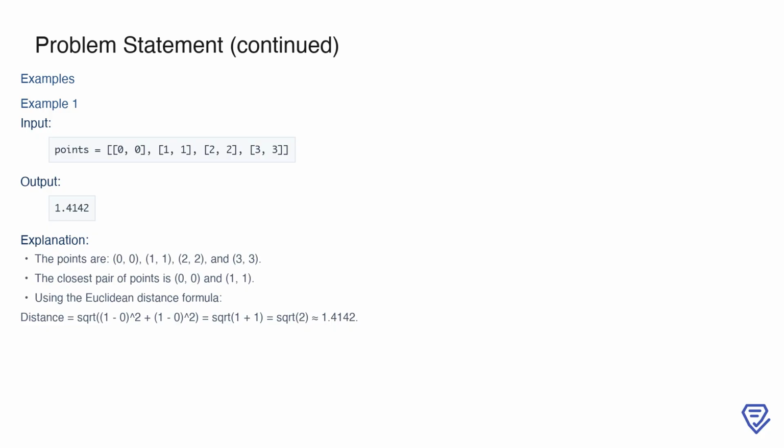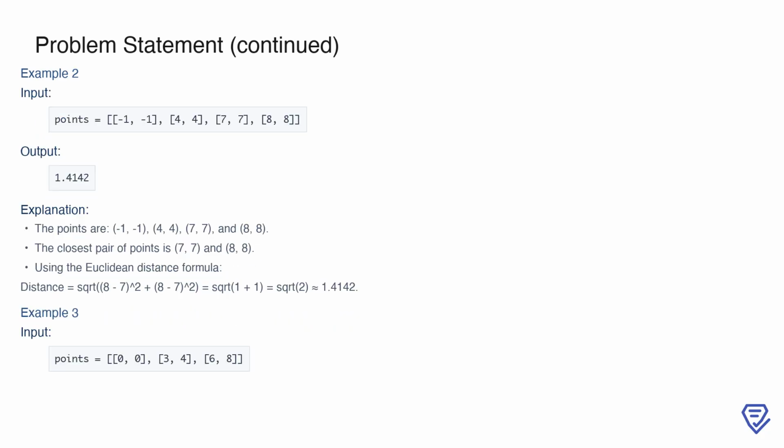Specifically, this is the square root of (1 - 0) squared plus (1 - 0) squared, which simplifies to the square root of 2. When rounded to 4 decimal places, the result is 1.4142. This illustrates the process of identifying the closest pair and computing their distance.